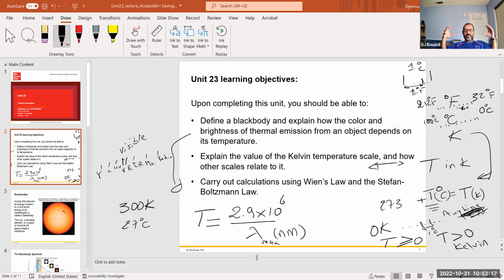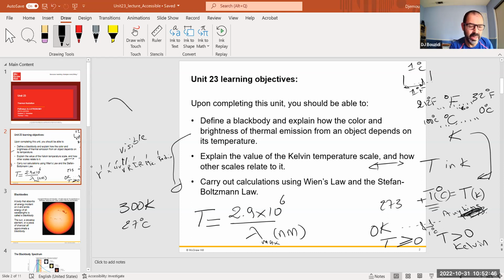In other words, I have a body that is emitting light, like a light source, like the sun, like a star, and it's emitting light and it maxes at a certain value. It's emitting the entire spectrum, everything is included, with the exception that it's maximum at a certain frequency. For a given wavelength, it's maximum.